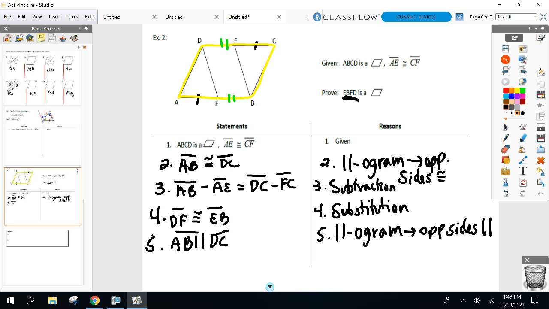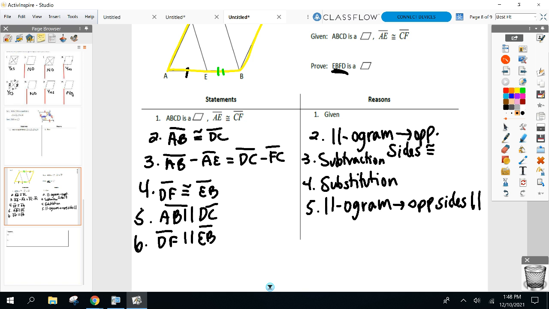So now I'm just going to say, if they're parallel, so are the little pieces I need. But I'm not going to say little pieces in my reason. What are the little pieces that are now parallel that I'm concerned about? DF parallel to EB. And here's what you can say now.